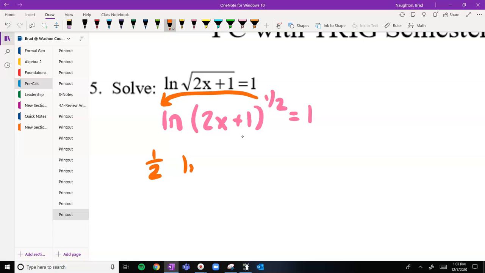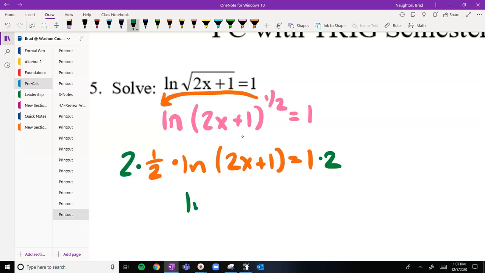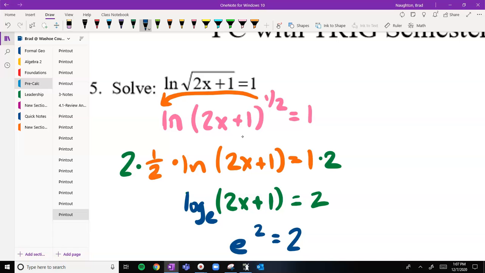So 1/2 ln of 2x plus 1 is equal to 1. So then I can multiply both sides by 2, and I'm going to get ln of 2x plus 1 is equal to 2. Then we'll say, okay, ln is the same thing as log base e. So we'll say e to the 2 is equal to 2x plus 1 when we convert it.